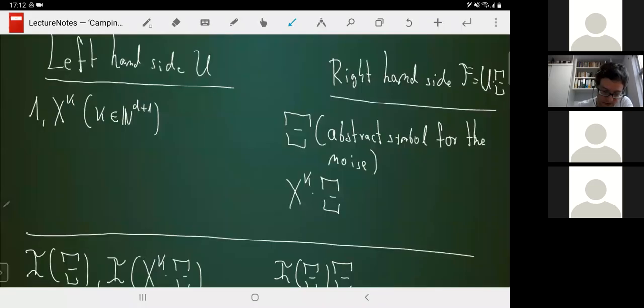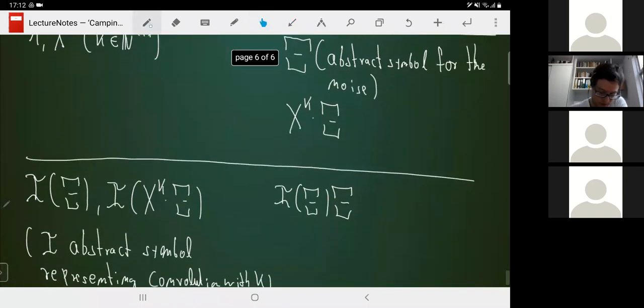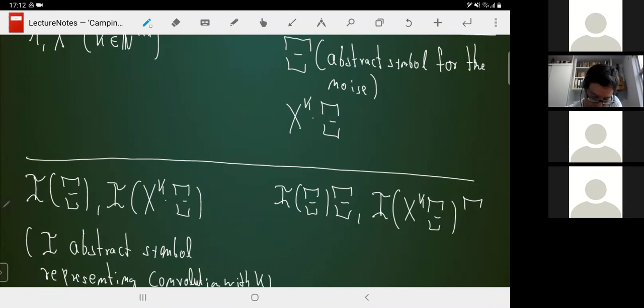So I of xi times xi, and I of x to the k times xi. Basically, we are adding all the symbols you need to do the Picard iteration. Exactly. That's exactly it.